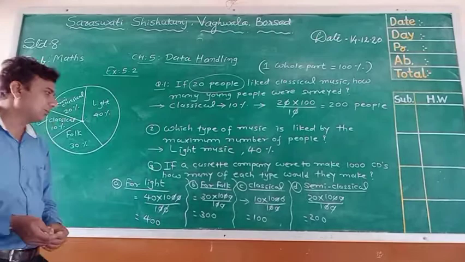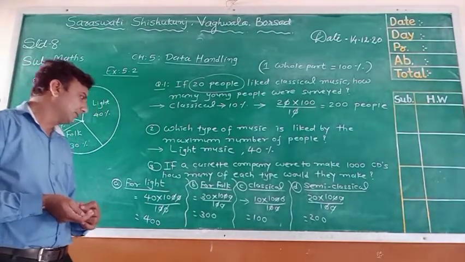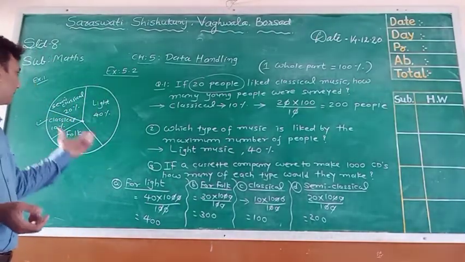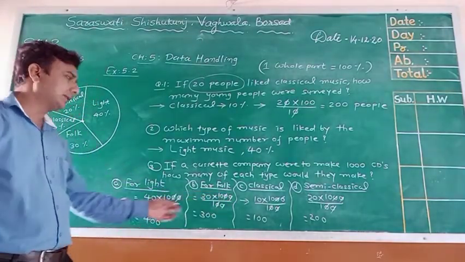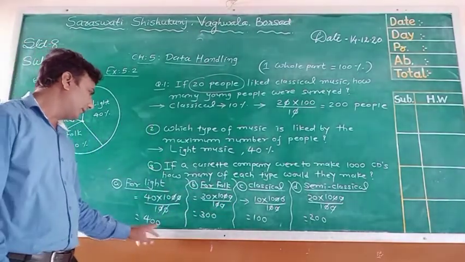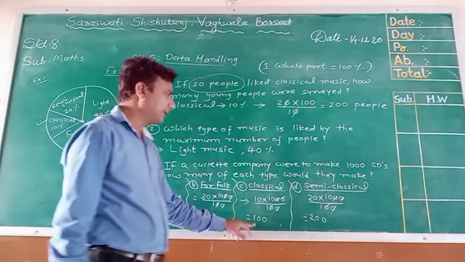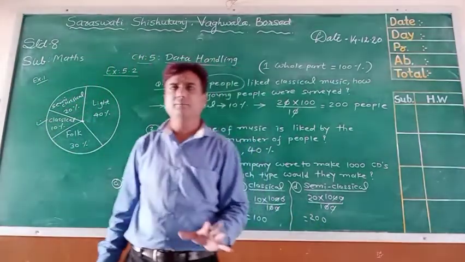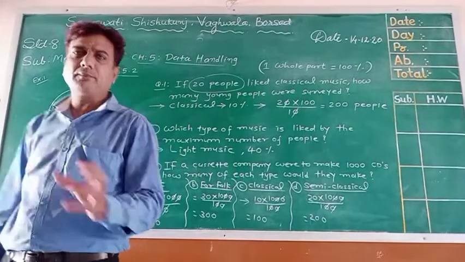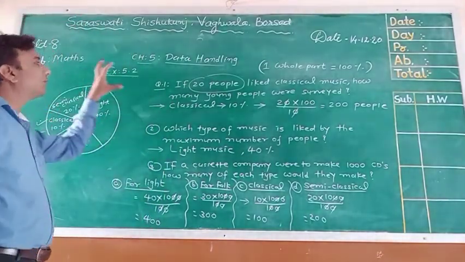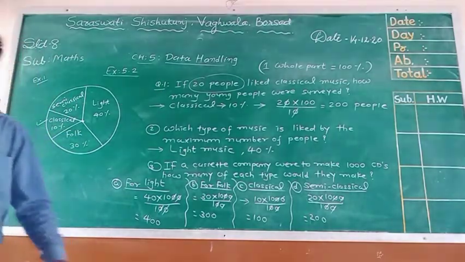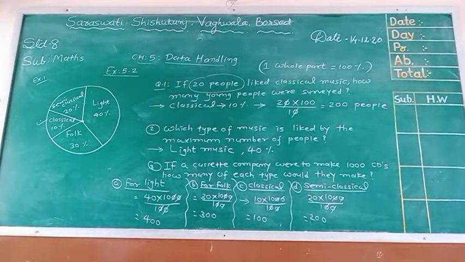This type of series we can distribute in all parts. So the total series is 1000: 400 plus 300, 700, 800, and this 200 makes 1000 series. This way we can distribute. So from this pie chart we can find this type of question.